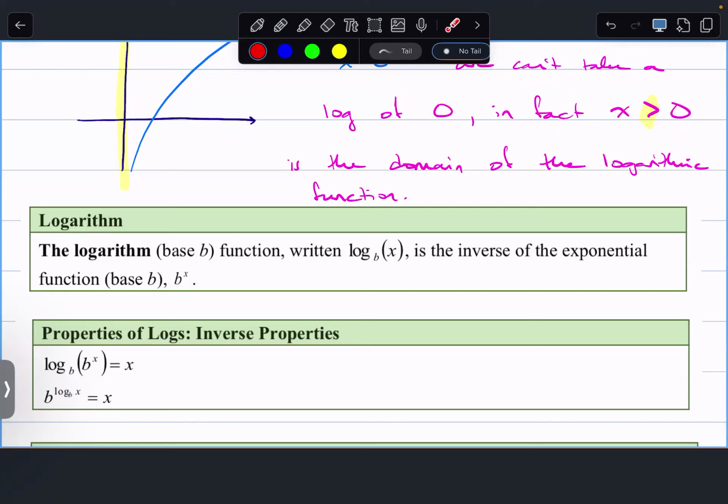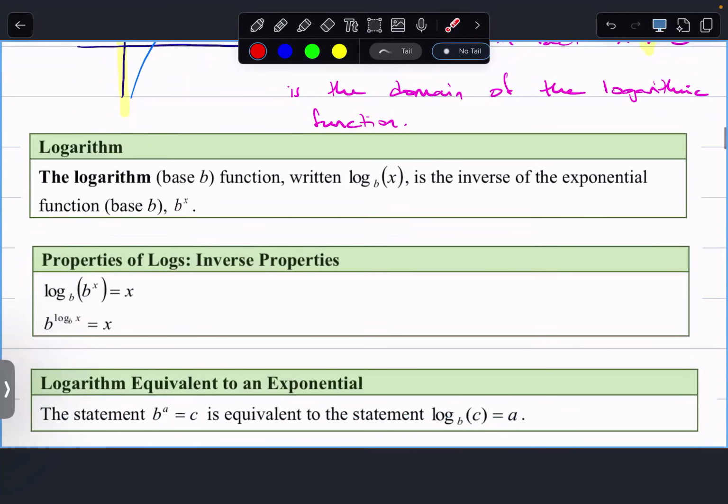It's the relationship between the two. It stems from the definition of the logs. The inverse properties of logs say that log base b of b to the power of x makes x.